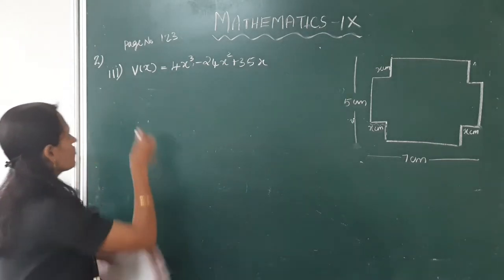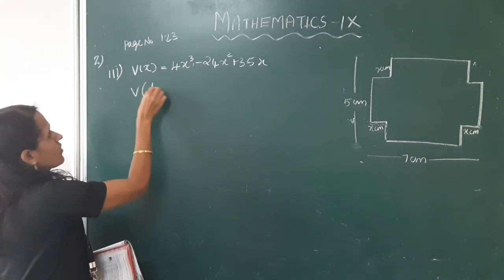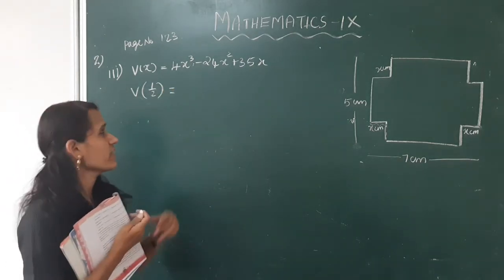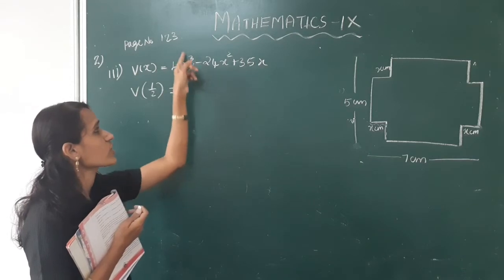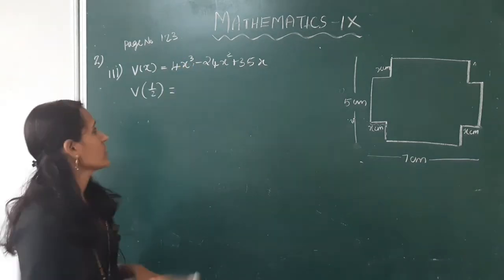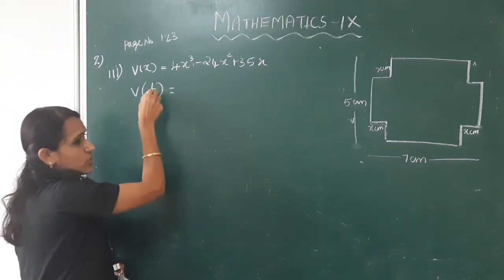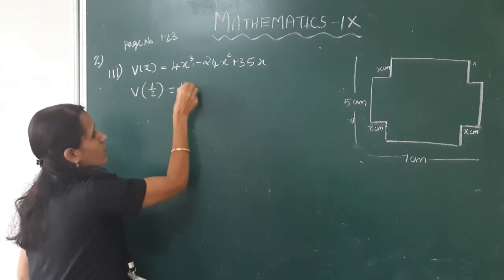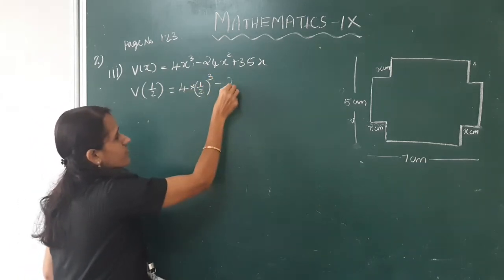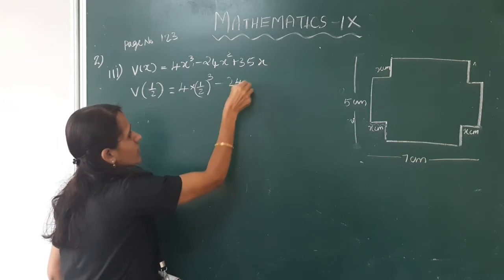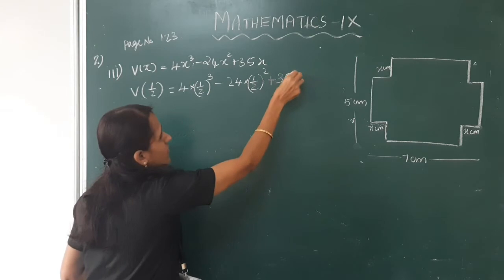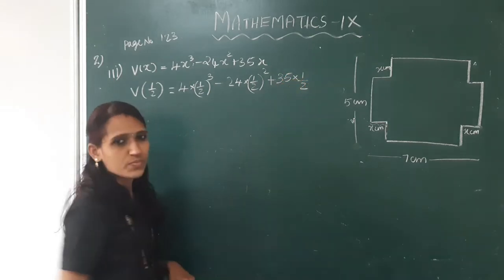Third sub-question. Calculate V of 1 by 2. Now we get volume of x is equal to 4x cube minus 24x square plus 35x. So instead of x we have to substitute 1 by 2. 4 into 1 by 2 whole cube minus 24 into 1 by 2 whole square plus 35 into 1 by 2.